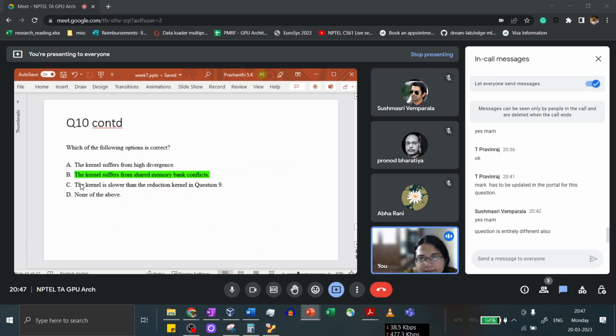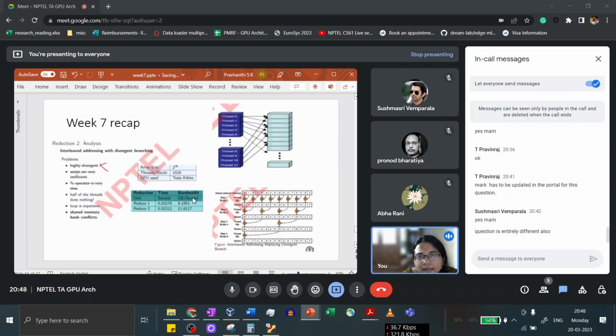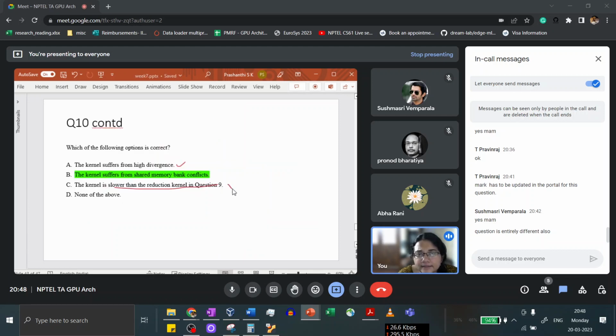So that's the reason this is true. And this is not slower than the kernel in question 9 because we have improved the high divergence. We've also removed this modulus operator that is very slow. So if you see here, reduction 2 is actually faster than reduction 1. This warp inefficiency is also now gone, right? So this option is false. So the only thing that is true is the shared memory bank conflicts. Is this clear?